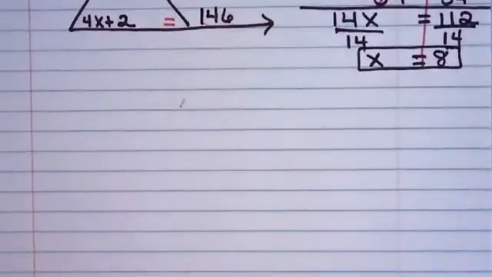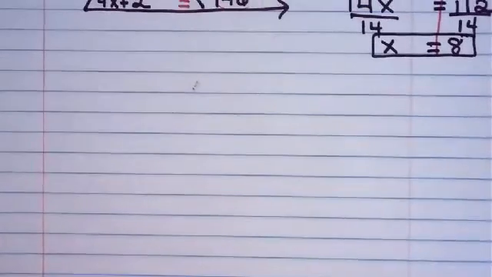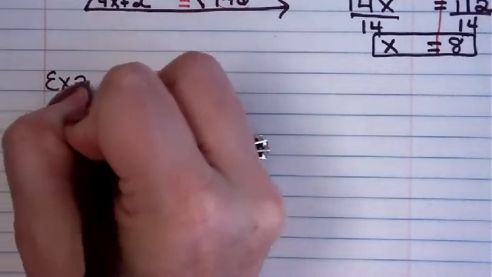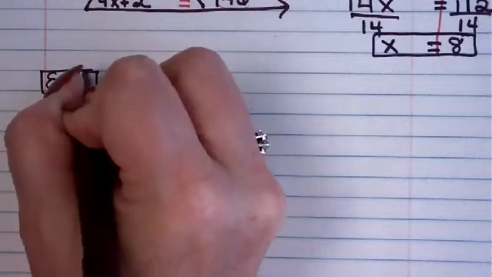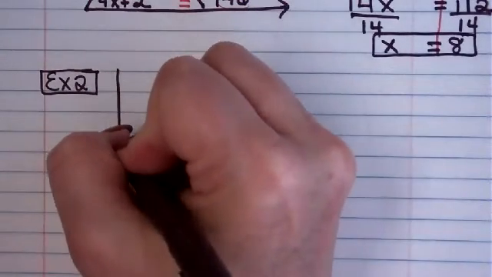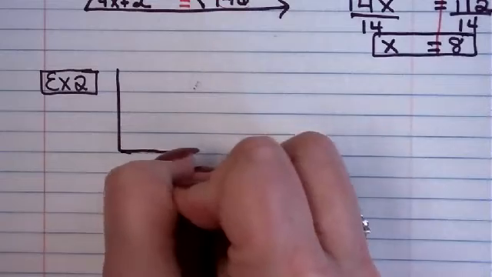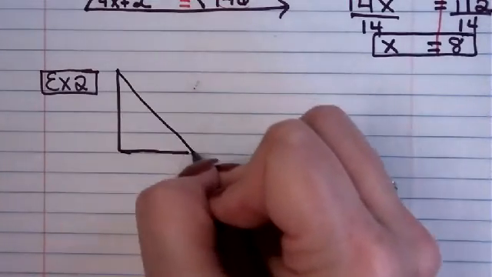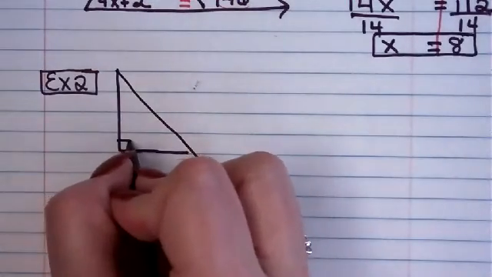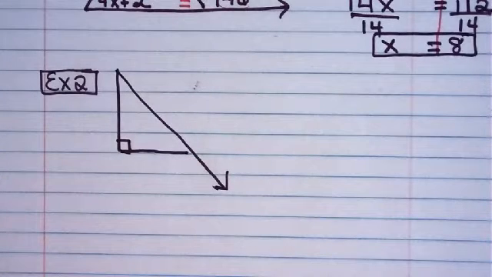Example 2. Let's do example 2 together. Example 2, I'm going to start with a right triangle right here. And I'm going to extend that side down. Now I said we're going to have a right triangle, so I'm going to put a right angle right there. Y'all know that little box means right angle.